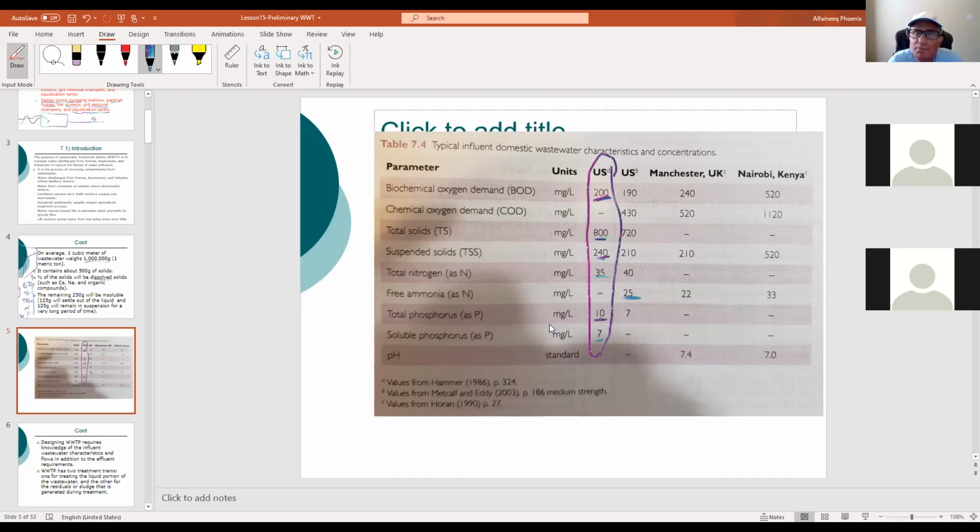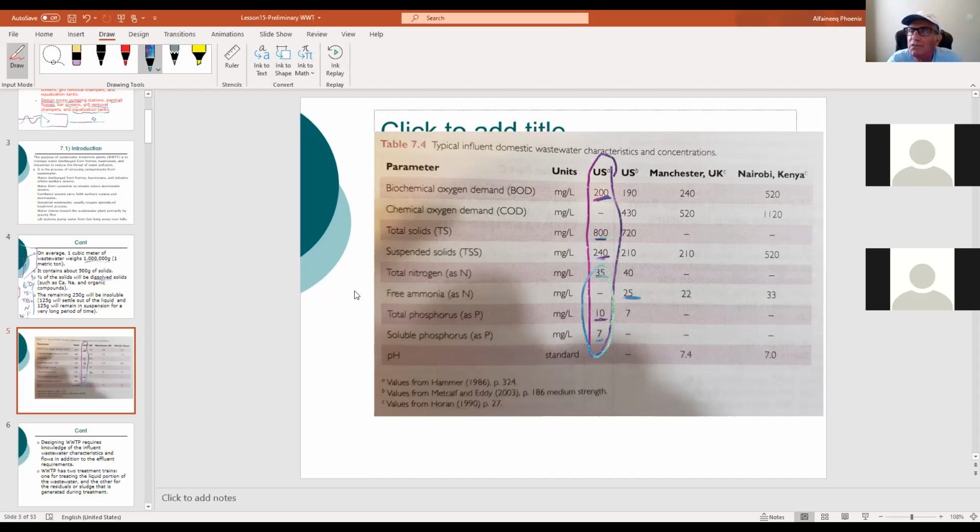BOD, you need to remove it. You need to remove suspended solids and total solids. Settle them out. This is why we have a primary clarifier, and after that we have another one, a secondary clarifier, to remove these from here. All right. If you need to remove nitrogen and phosphorus, that's a good idea. This can be done in the same tank here, the aeration tank.